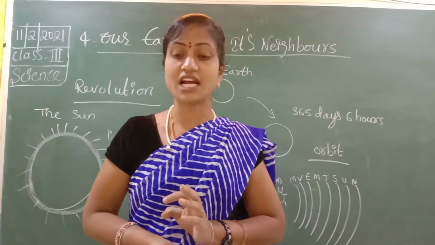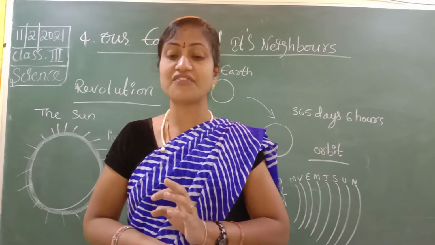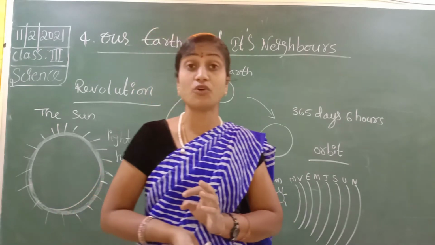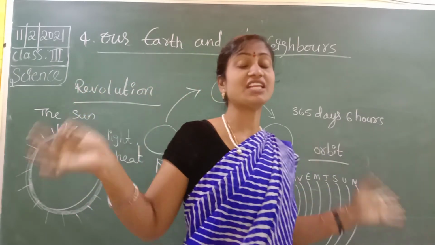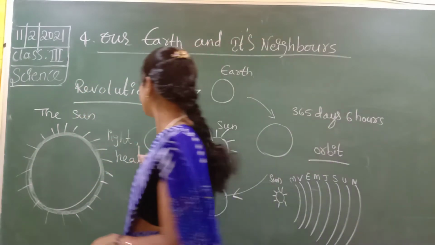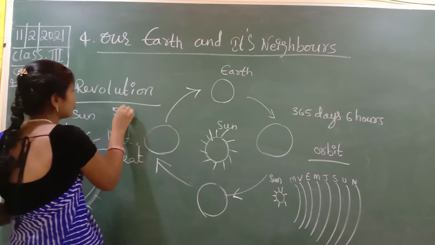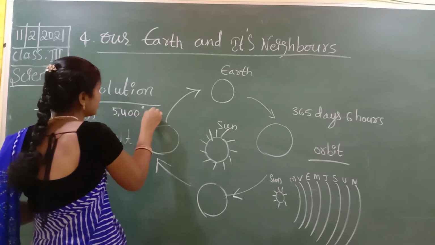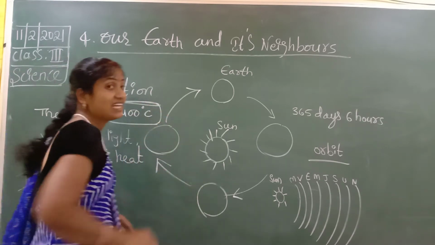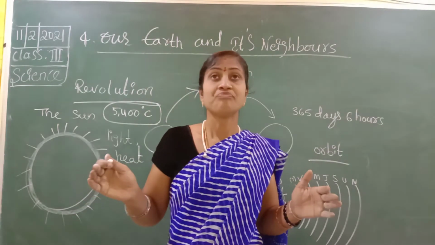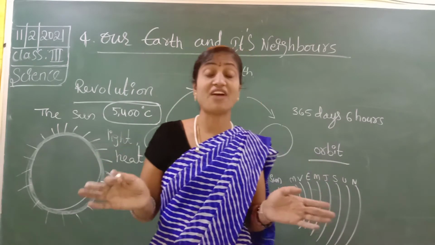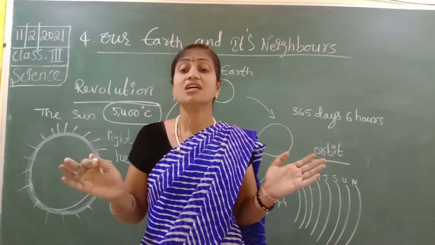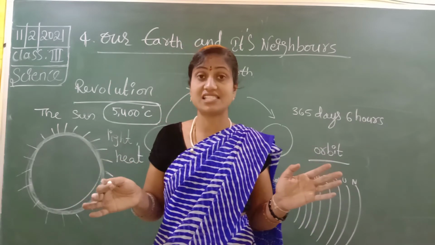The temperature on the sun's surface is about 5400 degrees centigrade. Oh my God, such a heavy temperature. It's like a burning ball, a very big ball of hot gases.